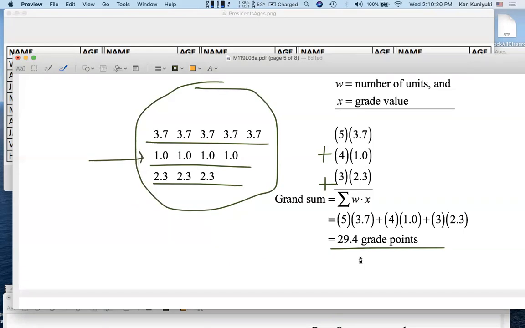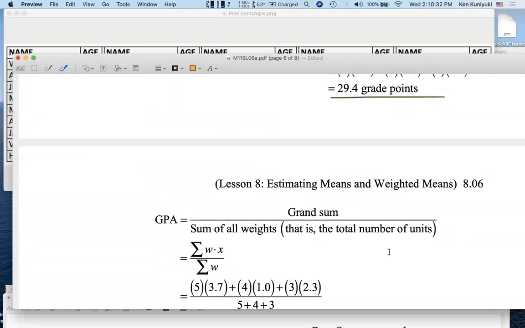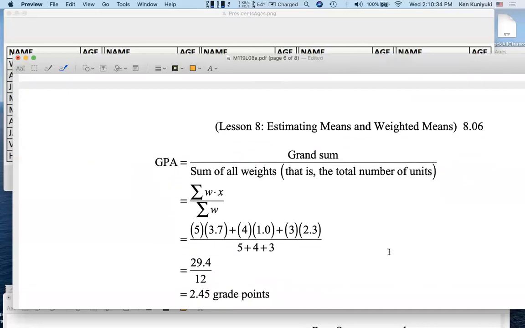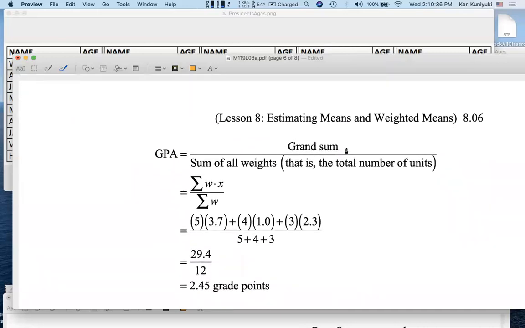But now we take this grand sum of 29.4 grade points, and what do we divide by? We don't divide by 3, we divide by 12. We had 12 numbers here on 12 slips of paper. So your GPA, your weighted mean, is obtained by taking the grand sum, all those numbers on all those slips of paper, and dividing by the sum of all the weights. That's the total number of units you took for the semester, 12 units.